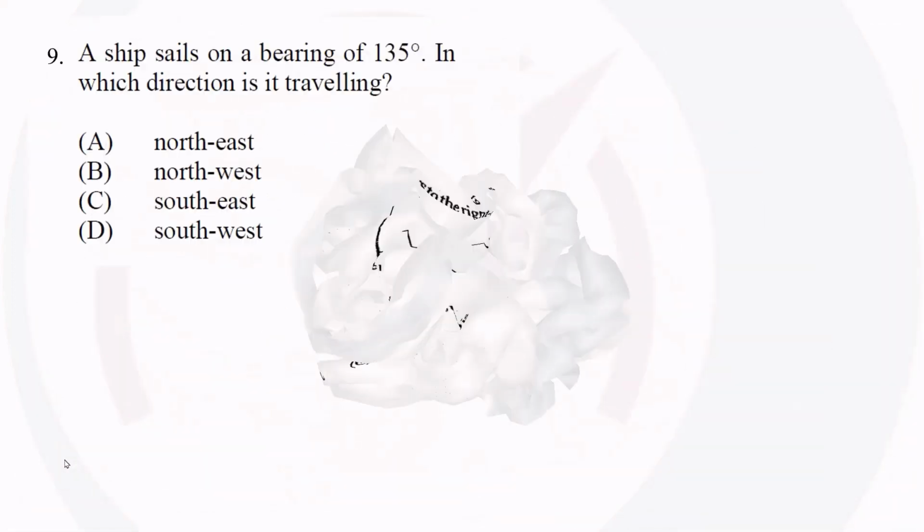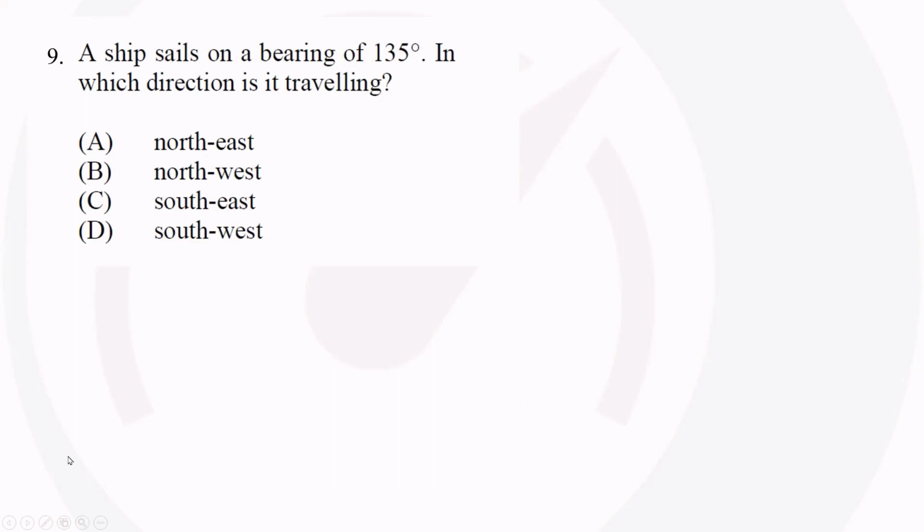Alright. Number 9. A ship sails on a bearing of 135 degrees. In which direction is it traveling? Now, whether you're a geo student or not, even in your maths class, your maths teacher will show you the cardinals.